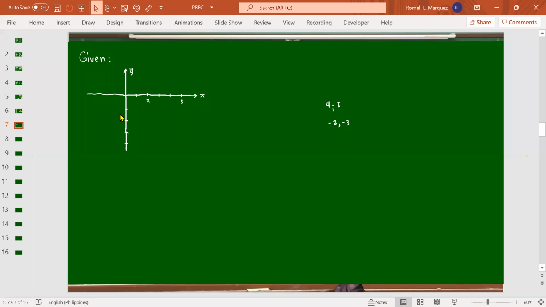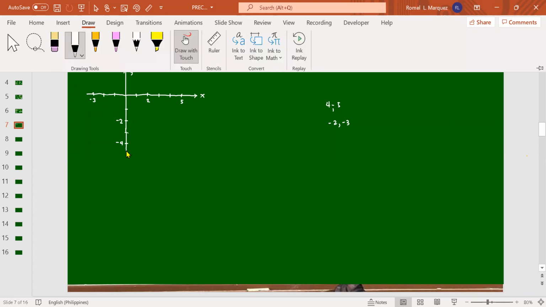But since the y-axis is negative along the negative, this is negative 2, this is negative 4. Then negative 1 here, negative 2, negative 3. Okay? For negative 5, I think I need one more scale.